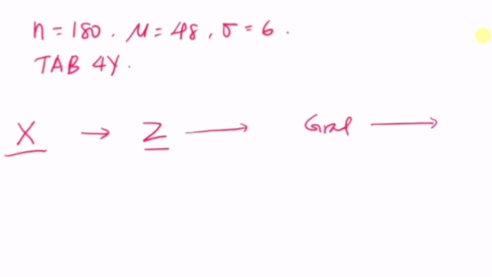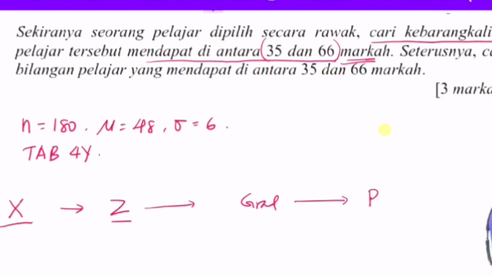Today I want you to really go step by step with me until you really understand, then you can go fast. So we have listed down the 4 steps. Now we're going to find the probability, right? So now you write down the x, then you convert to the z carefully.